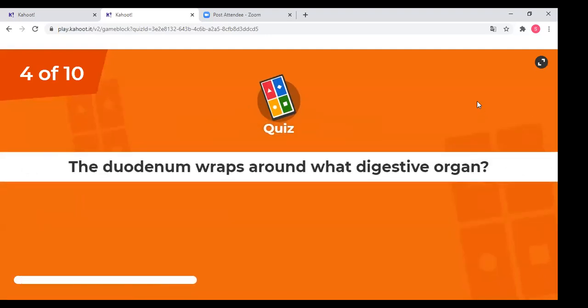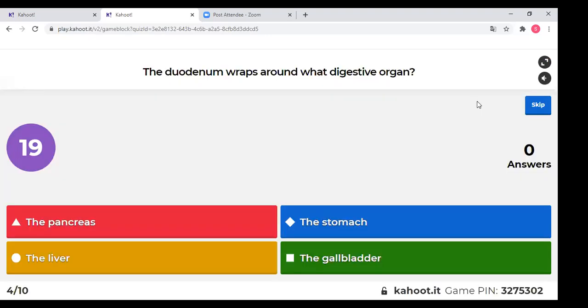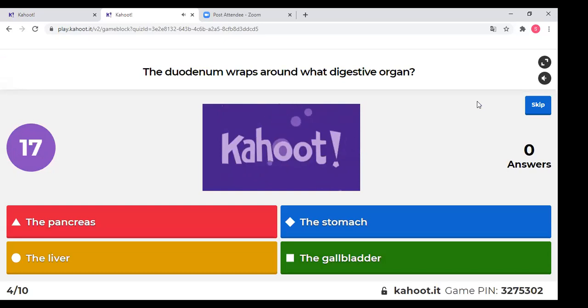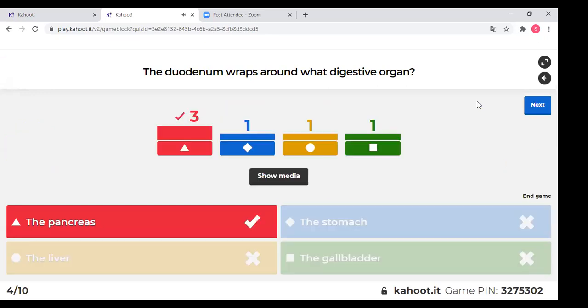The other question is, the duodenum wraps around what digestive organ? The pancreas, the stomach, the liver, the gallbladder. Yeah, the true answer is the pancreas.